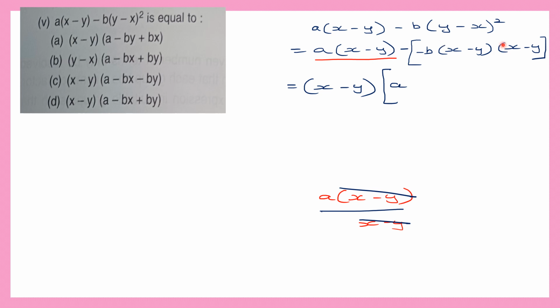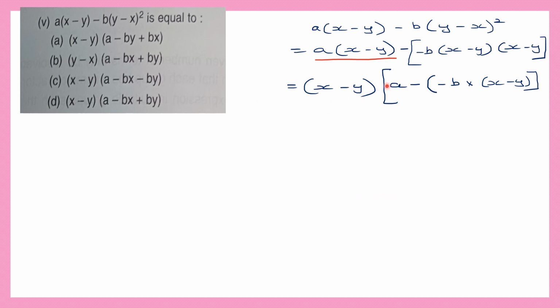So I will be able to remove one of the x minus y. So what do I have left? Let me write. I'm going to put this minus sign next to this, and in brackets I'm going to put whatever is left: minus b into x minus y. One x minus y has been removed, because that was common, we have put it out.